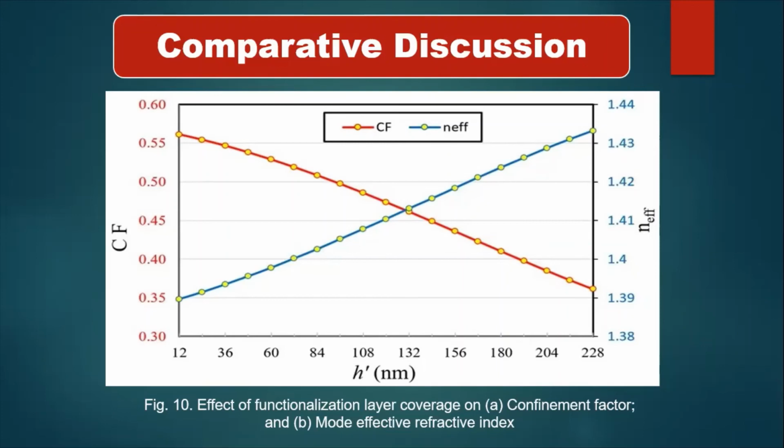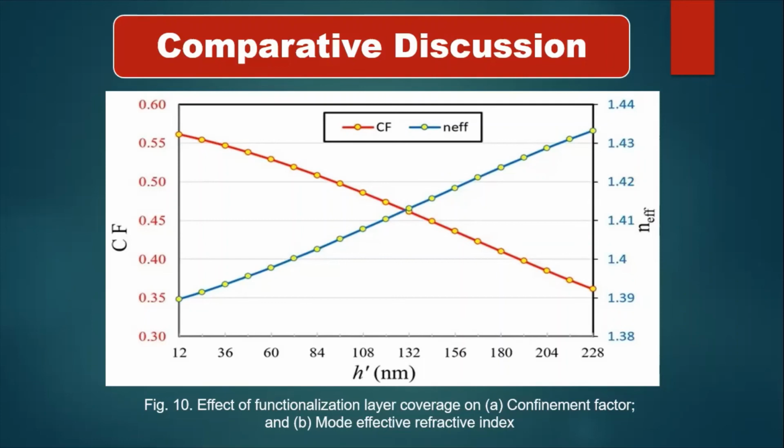But what does this mean? It means that as the functionalization layer coverage was increased for the silicon nanowires, the energy between the silicon nanowires decreased. And as we know that energy does not go inside the silicon nanowires themselves, the energy is getting transferred to the functionalization layer, which is something good for us because in the end, it is the functionalization layer that is actually detecting our target molecules, that is the lung cancer cells.